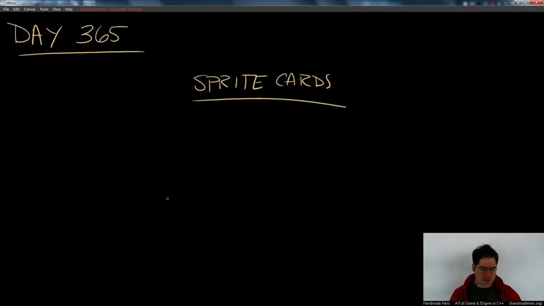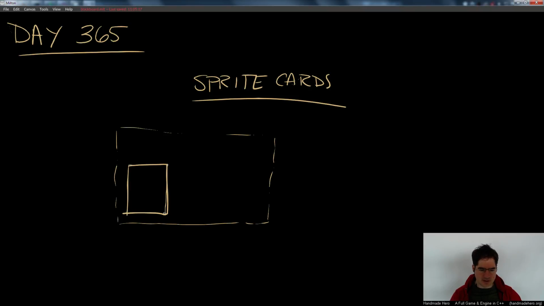What I mean by this, we kind of talked about at the end of the stream yesterday, is I want to be able to have my sprites do what appears to be an orthographic projection, right? I want to be able to stand my sprites so that when they're looked at on the screen, even if they're in the corner of the screen, they look like they're standing up rectilinear with respect to the screen.